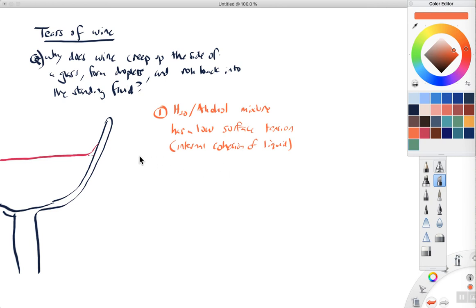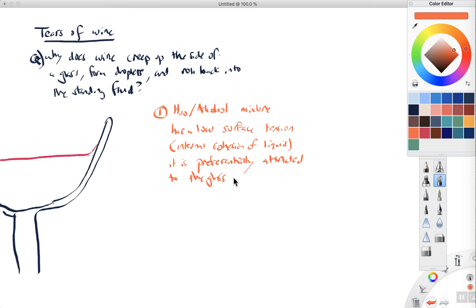So what happens is this liquid, although it's attracted to itself because of this internal cohesion, is also attracted to the atoms that make up the glass. And because it's a mixture of alcohol and water, the surface tension is reduced, and so it's preferentially attracted to the glass, because of the reduction of the surface tension due to the existence of alcohol.